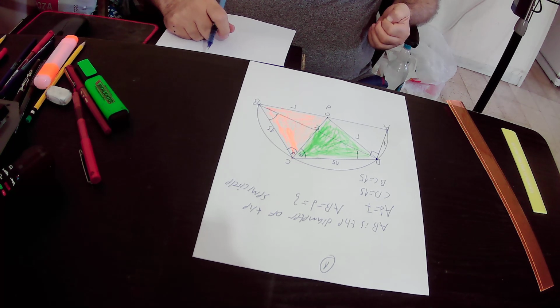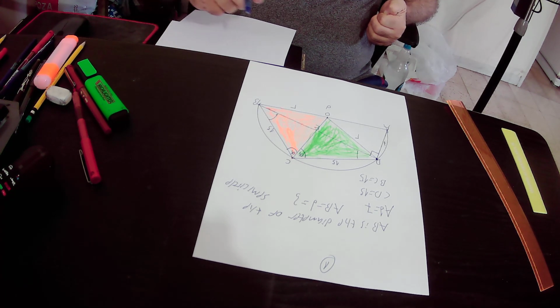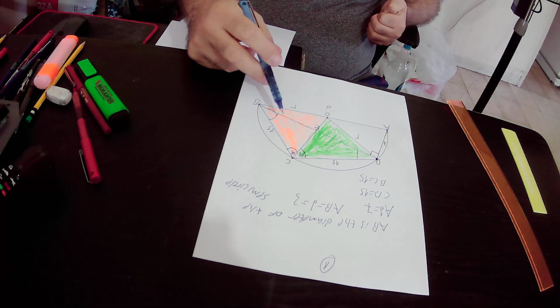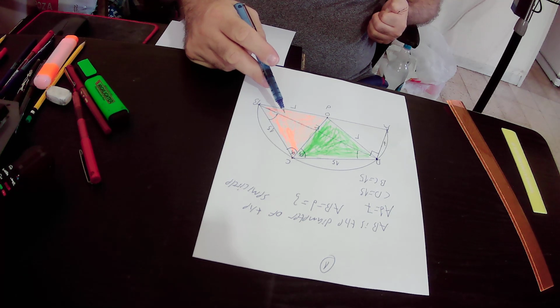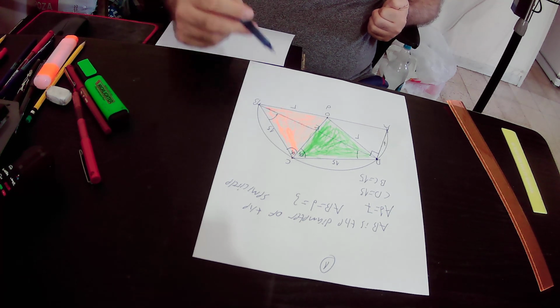that in front of equal sides in a triangle there are equal angles.